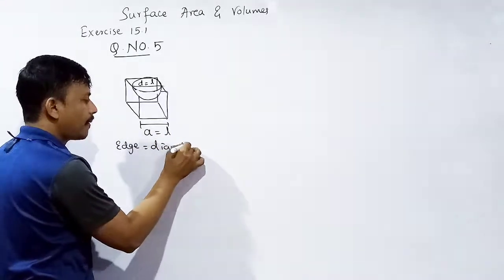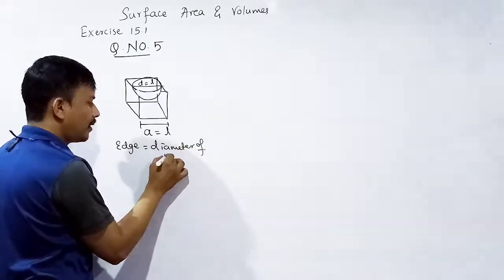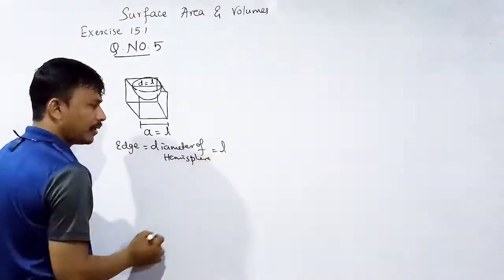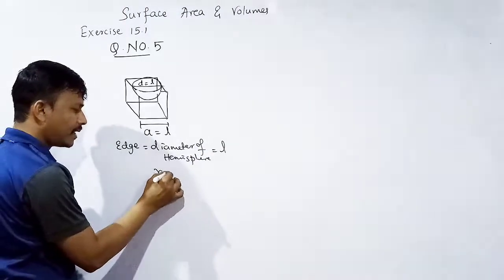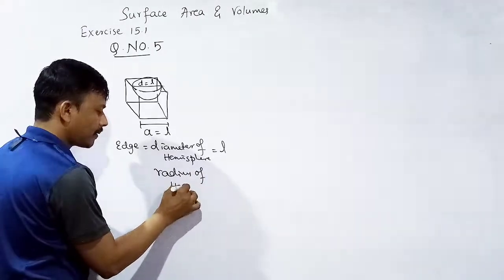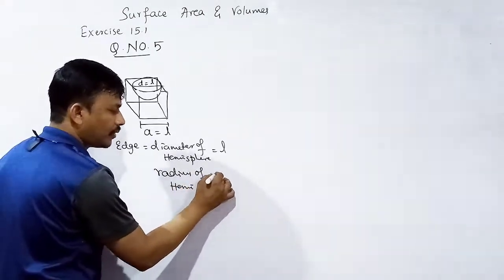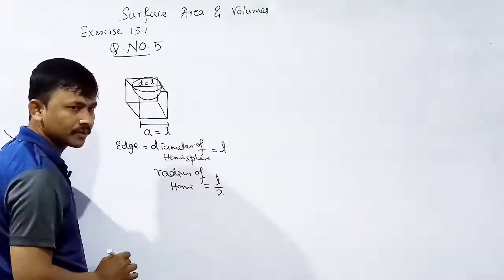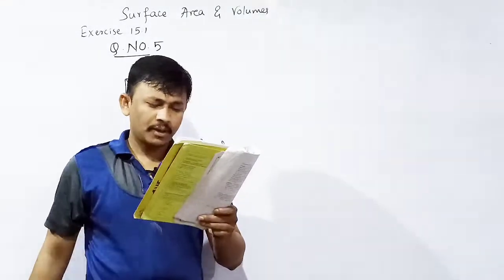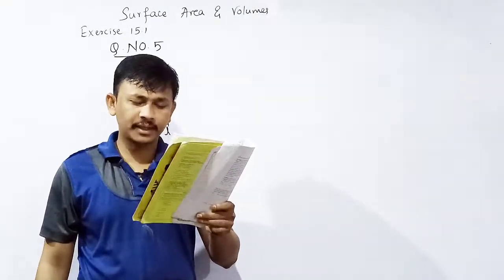Diameter of hemisphere is equal to L. Then radius of hemisphere is equal to L divided by 2. Correct? Okay. Then the diameter of the hemisphere is equal to the edge of the cube.